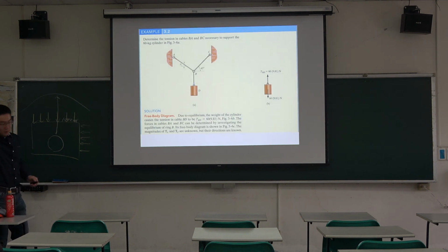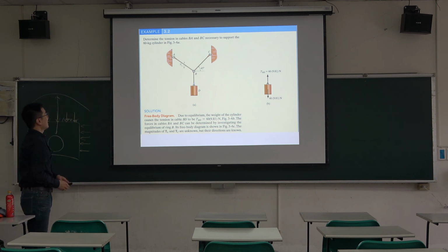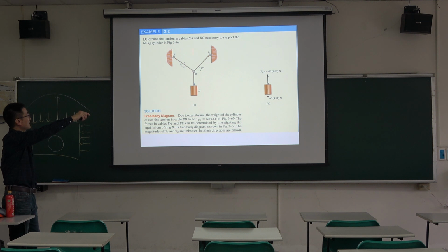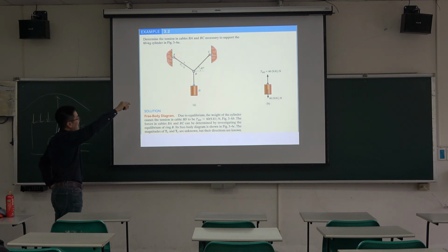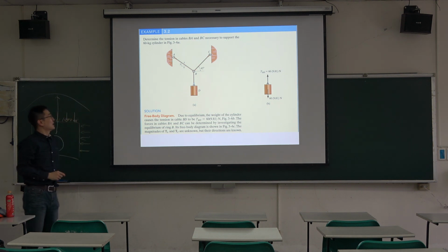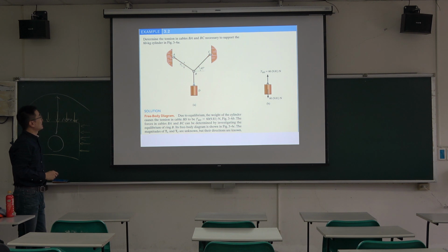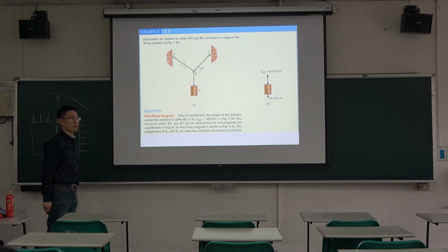So we probably finish this question. Example 3.2. Determine the tension in cables BA and BC. BA is here, BC is here. These two cables support a cylinder with a mass of 60 kilograms.